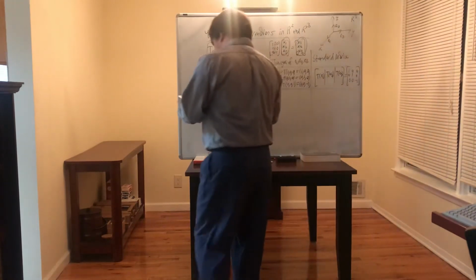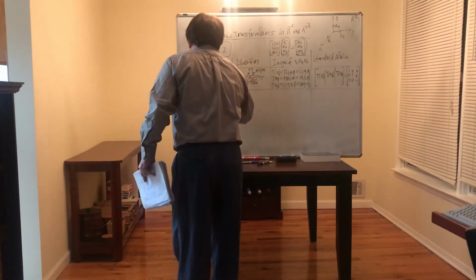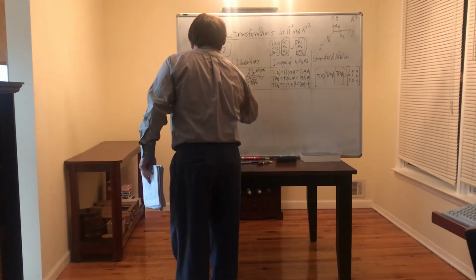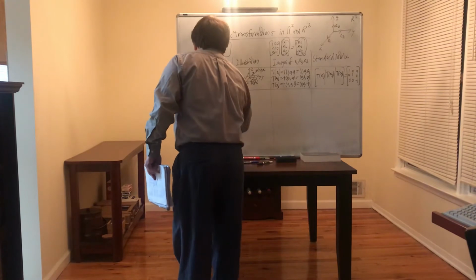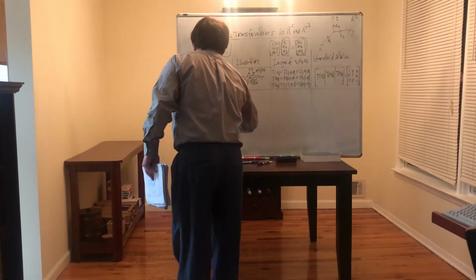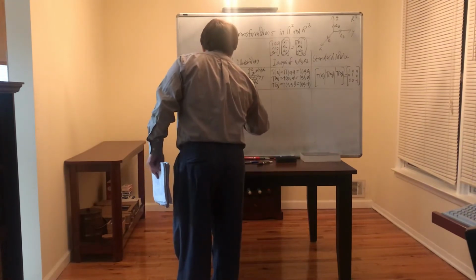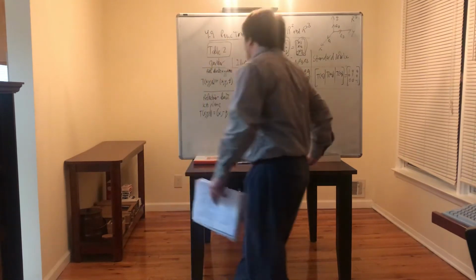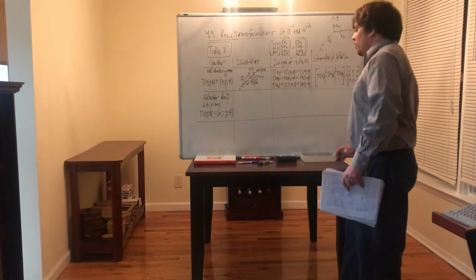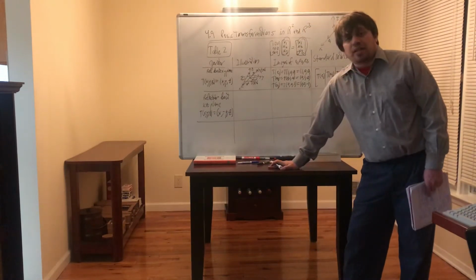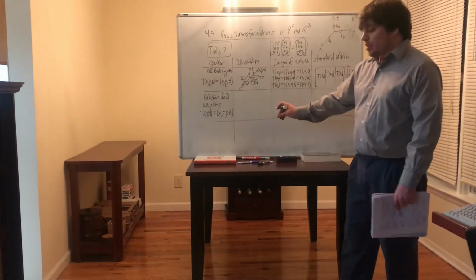Okay, so the second operator is reflection about the xz plane. Reflection about the xz plane means that you're going to keep x and z the same, and you're going to negate the y value. In the previous example, we had the xy plane as the table, and the z-axis was its height, right?